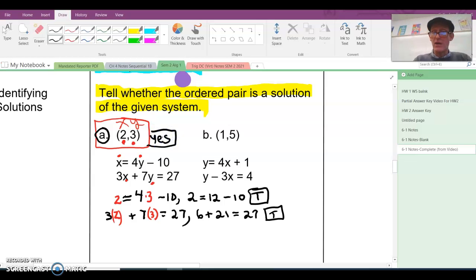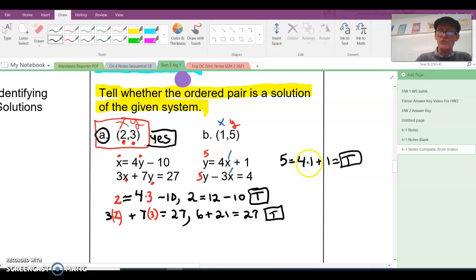B, though, might be different, it might not be. So let's check it out. This is x, and this is y. I'm going to get fancy with the reds and the blues, so we're going to put 5 in for this y, and we're going to put 1 in for this x. So we will write 5 equals 4 times 1 plus 1, and that's true.